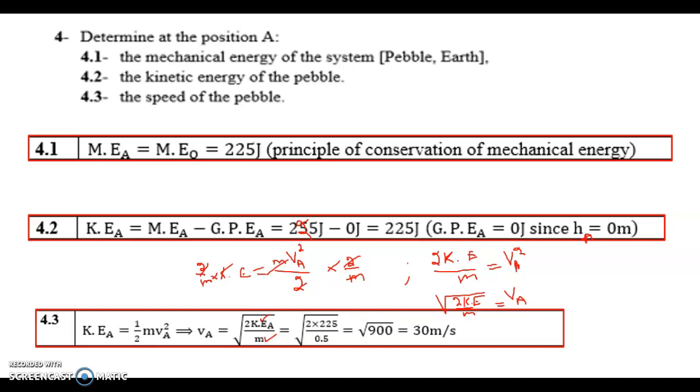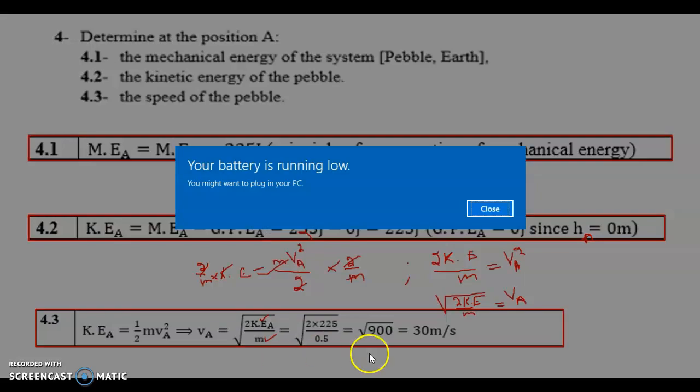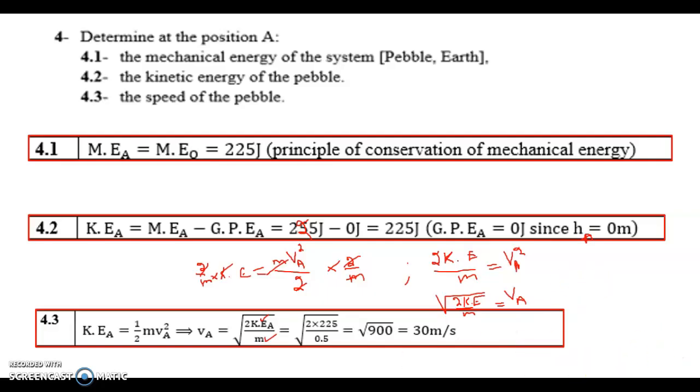And now the speed of the pebble. Having the kinetic energy equal half mv squared, we can work it out to find the expression of V as a function of kinetic energy. So kinetic energy is half mVA squared, which means mVA squared over 2. We are looking for V, so we multiply both sides of the equation by the reciprocal of the coefficient of VA squared, so times 2 over m.